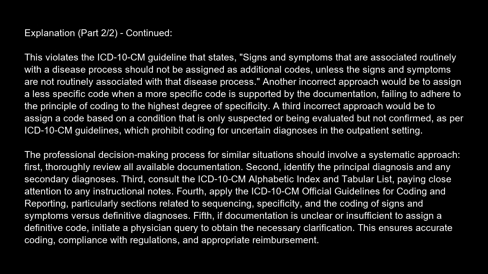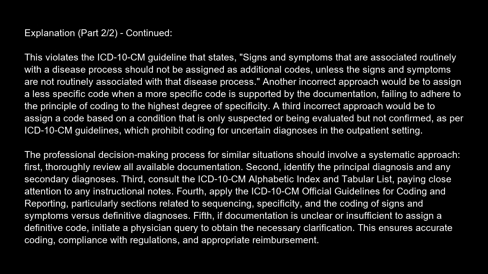The professional decision-making process for similar situations should involve a systematic approach. First, thoroughly review all available documentation. Second, identify the principal diagnosis and any secondary diagnoses. Third, consult the ICD-10-CM alphabetic index and tabular list, paying close attention to any instructional notes.